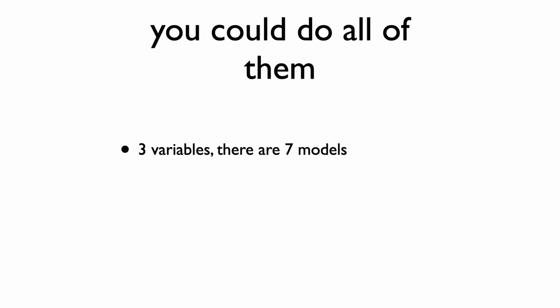Then there are 3 2-variable models, x1, x2, x2, x3, and x1, x3. And then there's x1, x2, x3. Yeah, 7, I got it right. There's 7 models. That's not so bad. I can look at all 7 and go, which one's the best? That's easy. If there's 4 variables, it's 16. That's even still doable.